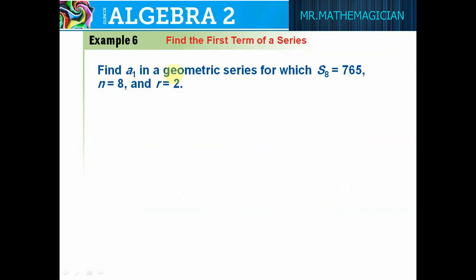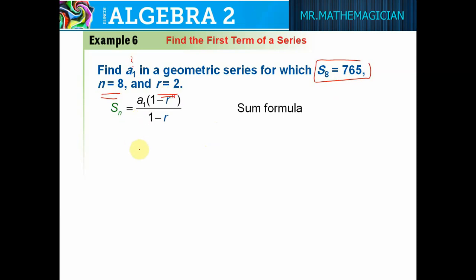Find A1 in a geometric series. We need A1 in a geometric series for which S8 is given as 765, n is 8, and r equals 2. So let's use the formula, but we are solving an equation now. We substitute Sn with its value 765.